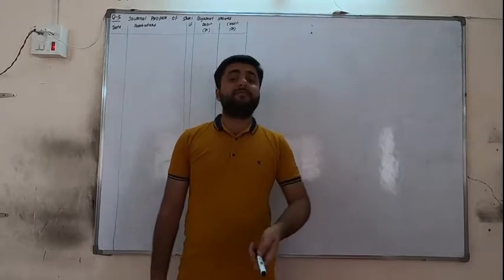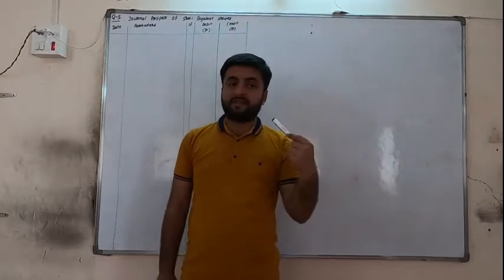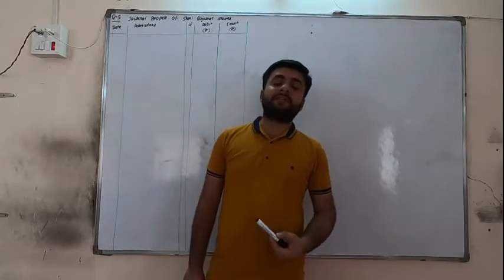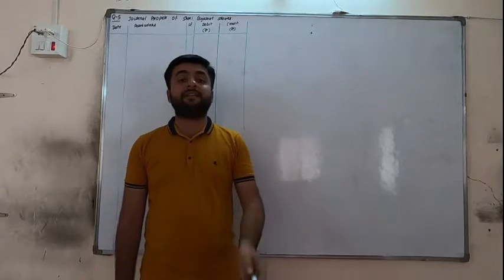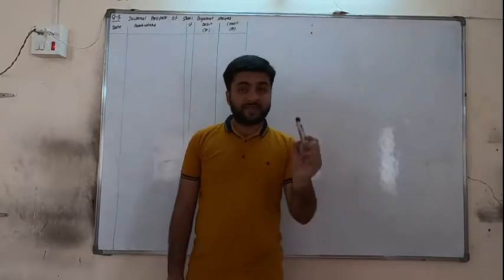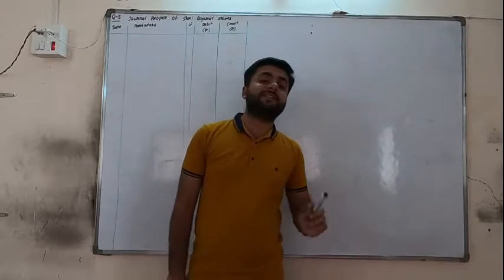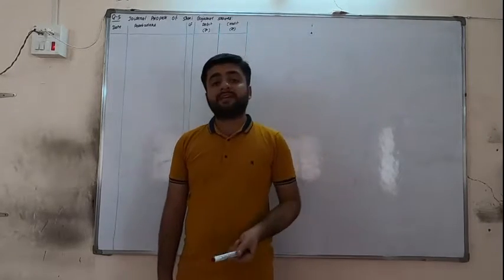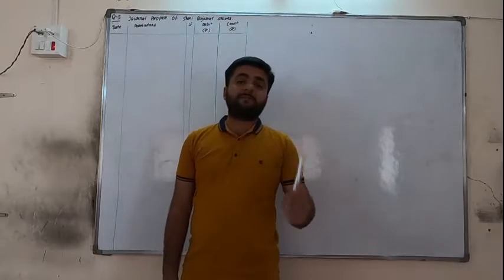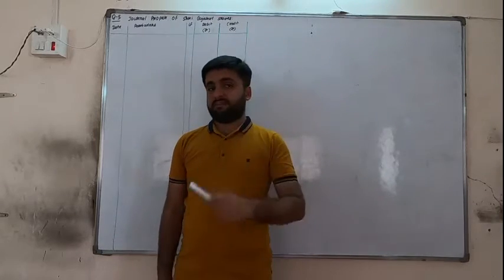And in opposite, if some person is drawing a bill on us and we are accepting that bill, then that is our bills payable. If we are drawing the bill, that is bills receivable. If we are accepting the bill, then that is bills payable. We are accepting that person's bill and that person is the receiver of our amount in the future.